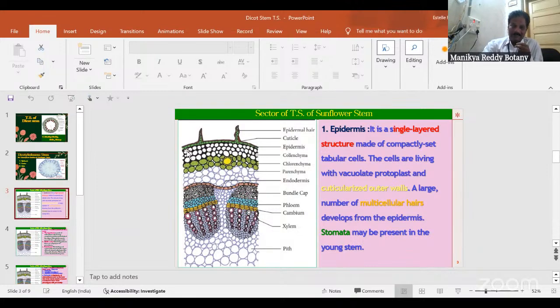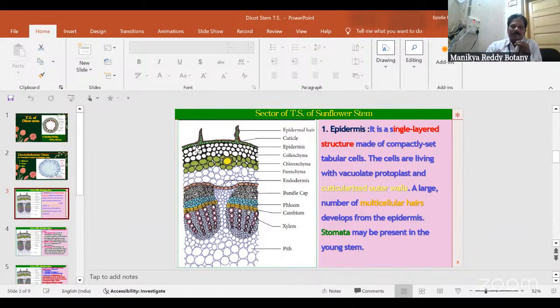Here you can see, if it is a young stem, without secondary growth, in the primary stem, the epidermis shows stomata. You need to remember 3 points in epidermis. Epidermis is a single layered structure.